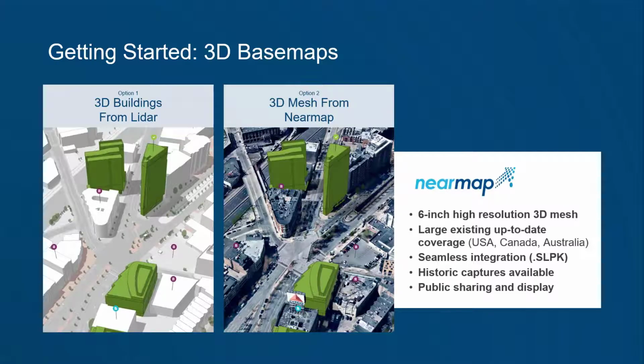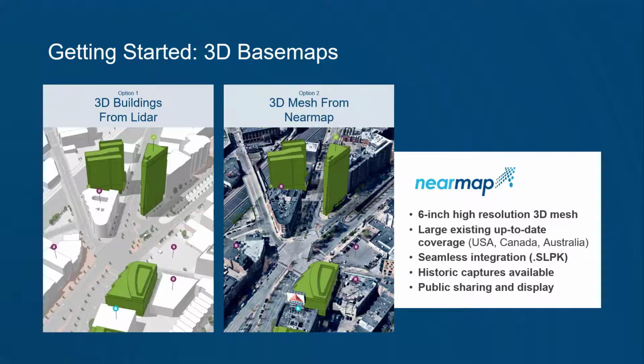And I wanted to zoom in and touch on one of the base layers, 3D base maps. Many of you might already have a 3D base map, or at least the ingredients to make one. One option is to use LiDAR and building footprint polygons to extract the 3D buildings, trees, and elevation for the boundary that you define. For this step, you can leverage the free local government 3D base map solution that Esri offers.